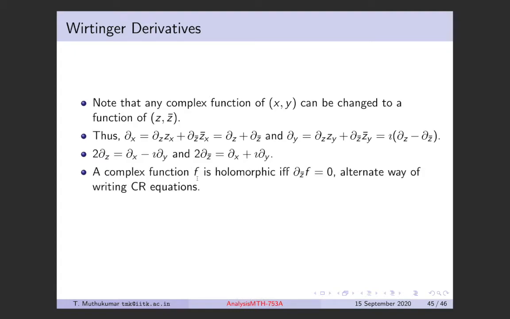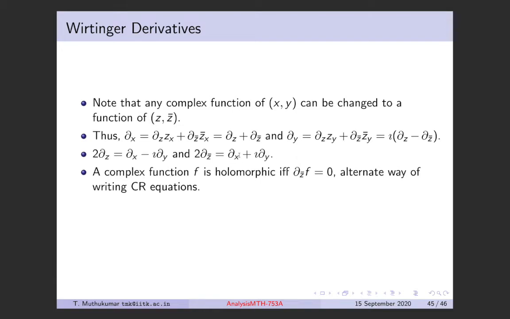And now we can rewrite what we already know. We have already seen that any function is holomorphic if and only if it satisfies the Cauchy-Riemann equations. And the Cauchy-Riemann equations written in the Wirtinger derivative form is precisely this. That is, the z bar derivative of f is 0, because the z bar derivative of f being 0 precisely means that del x f plus i del y f is 0.